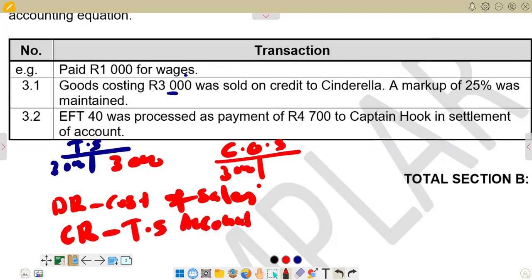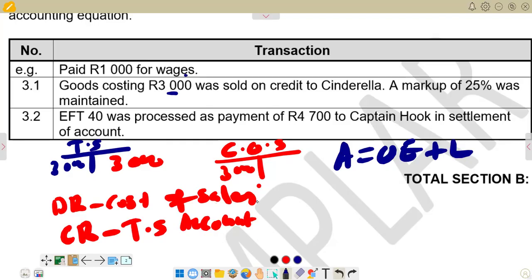So having identified the two accounts that are being affected, you also have to try to classify these two accounts in terms of our accounting equation, which says our assets equal owner's equity plus our liability.